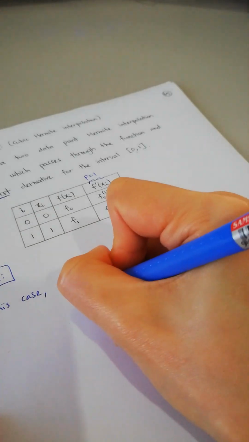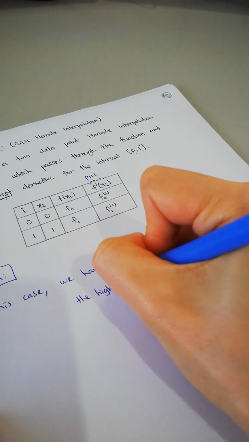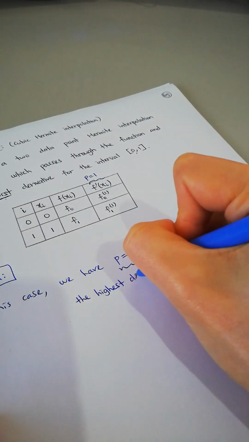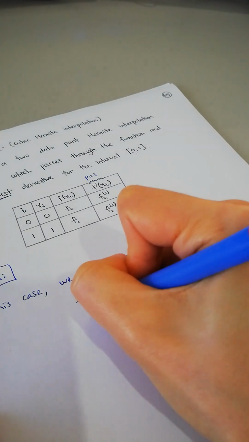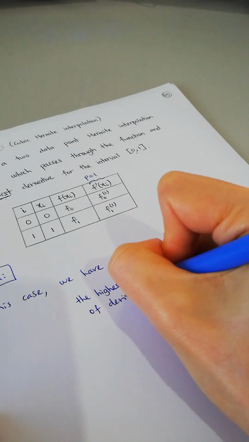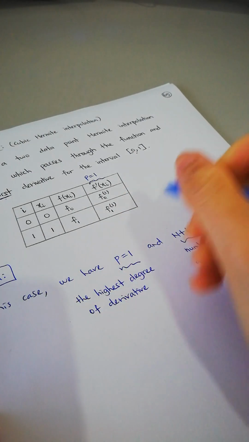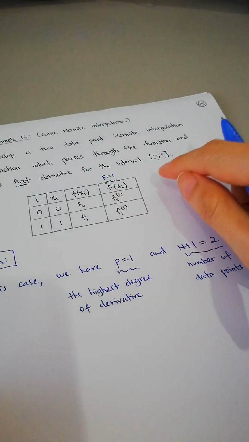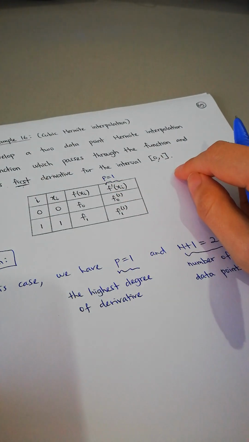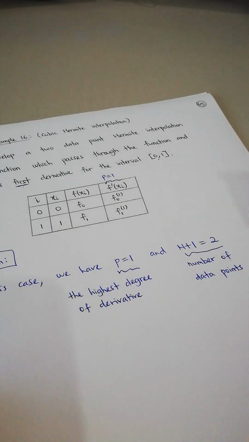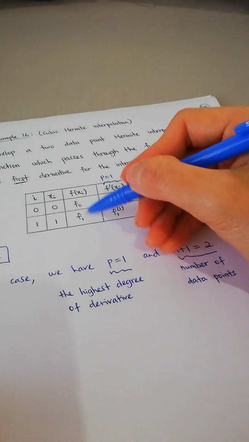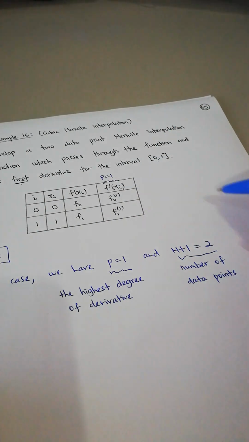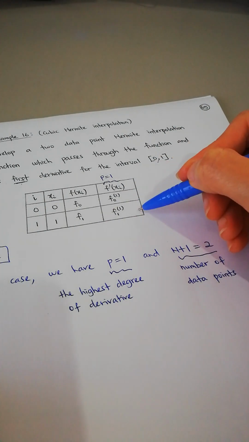This is the highest degree of derivative. If you have f double prime, then your p is equal to 2. If you have 4th order of derivative, then your p is equal to 4. The number of data, how many data you have? If you have 10, it is 10. Here we have only 2 data points.